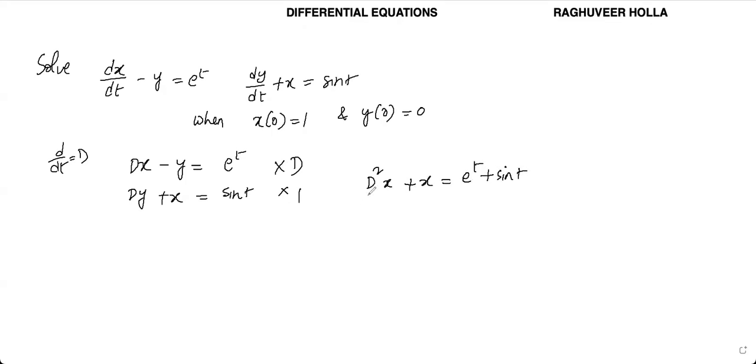Now this is your differential equation, which is non-homogeneous. If we rewrite in this form, e to the power of t and sin t, it is of the form f(D) x equals some function R(x).